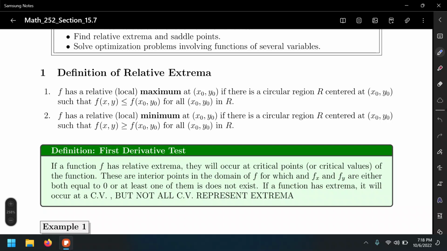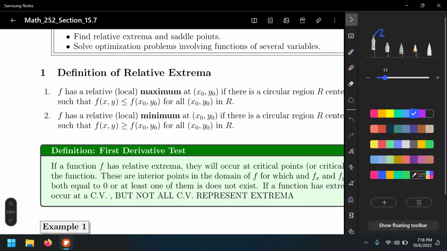So a function f of x, y has a relative local maximum at a given point (x naught, y naught) if there is some circular region centered at that point such that f of x, y is less than or equal to f of x naught, y naught. Well, that looks like a lot of symbols. How about we do a picture?